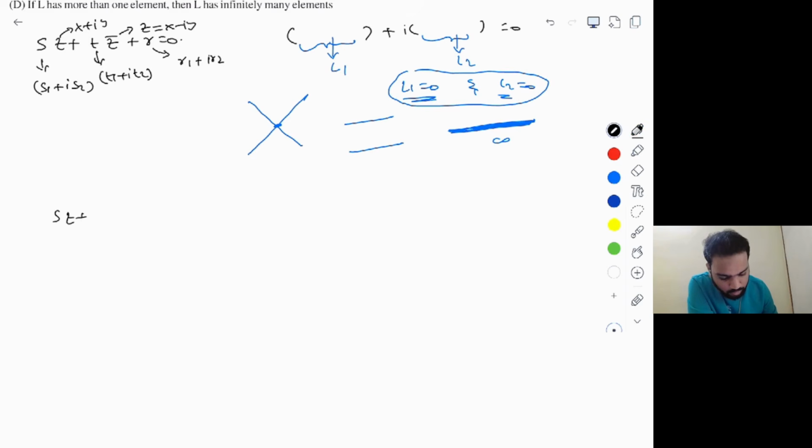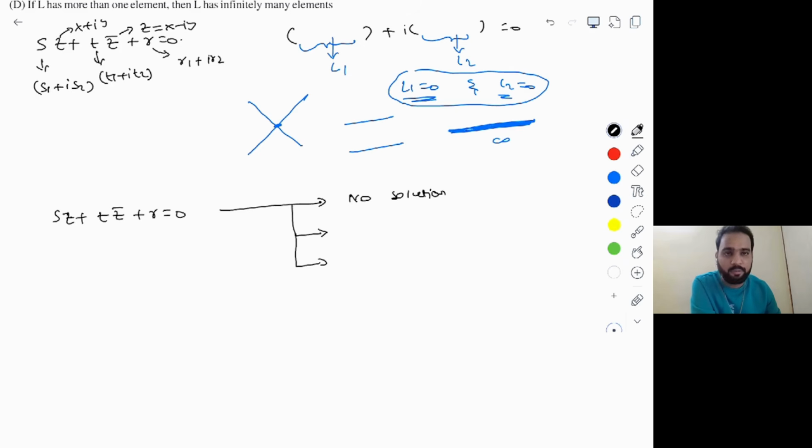When I have the complex equation S into Z plus T into Z bar plus R is equal to 0, this will give you one of the three conclusions here: either this will have no solution in the case of parallel but not coincident, or only one solution like in the case of non-parallel, and then infinite solutions, like the coincident case. Okay, let's keep this in mind.